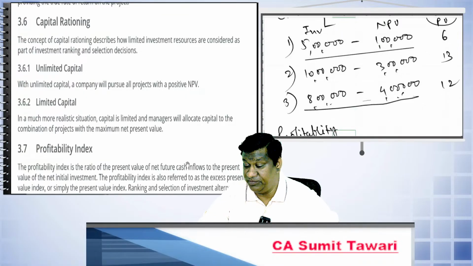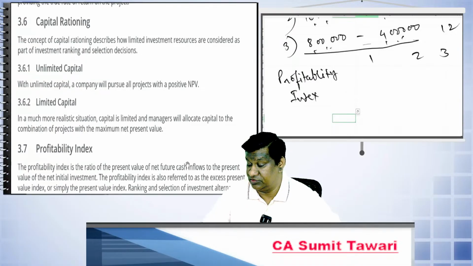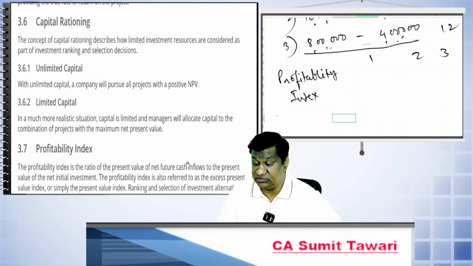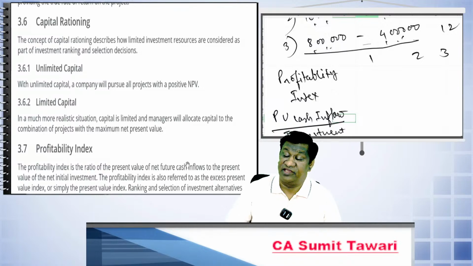Profitability index for the first, second and third project: the formula is present value of cash inflow divided by outflow or investment, which we use for ranking purposes.